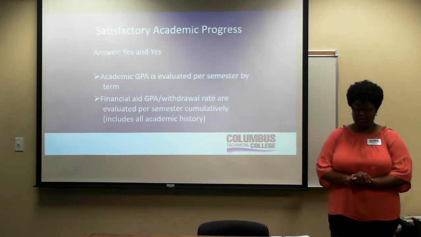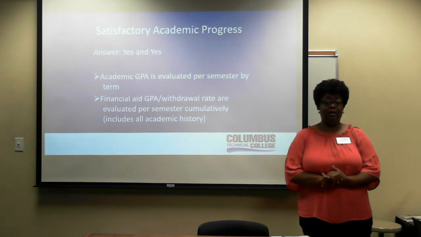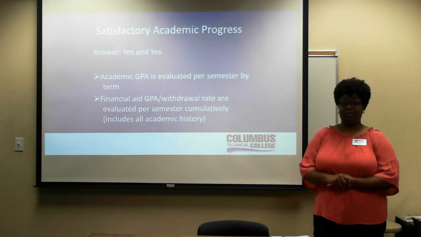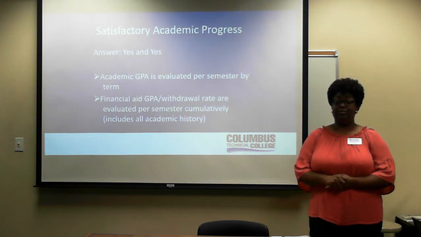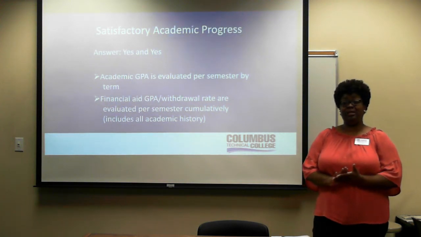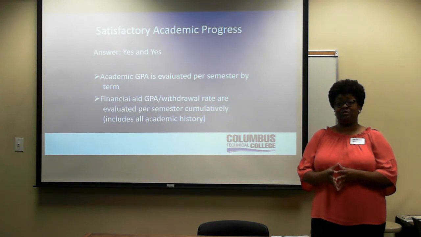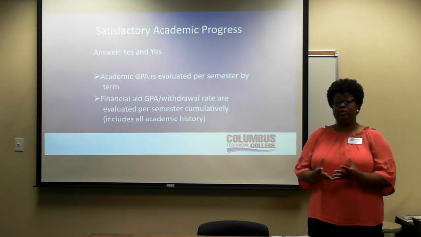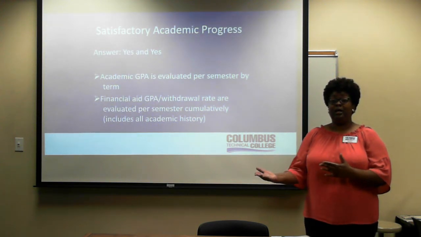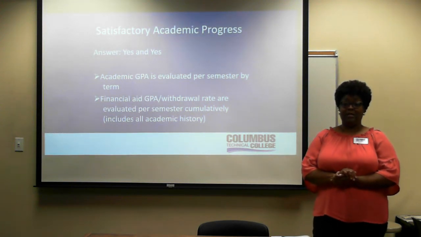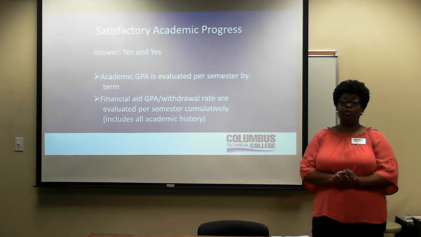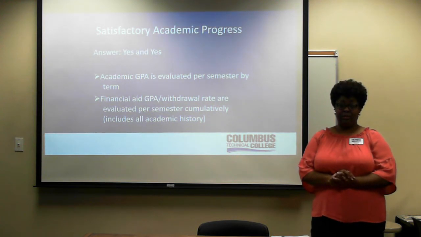Keep in mind, and it's rare that financial aid talks about academics, but academics looks at your GPA for that one semester. If you do well for that one semester, then you get to go and enroll in the next semester. Whereas financial aid looks at your cumulative GPA.